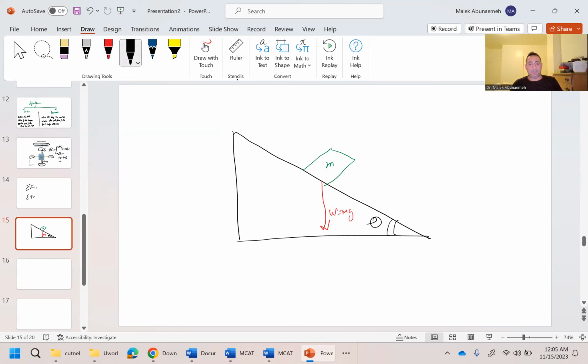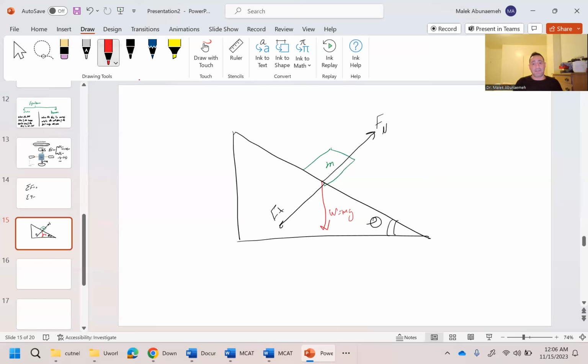Now, perpendicular to the surface is your normal force, and opposite from it is the perpendicular force, which is the same as your normal force.